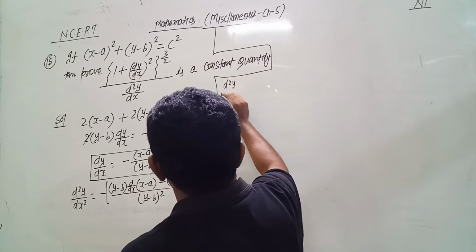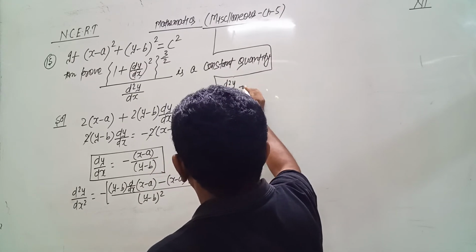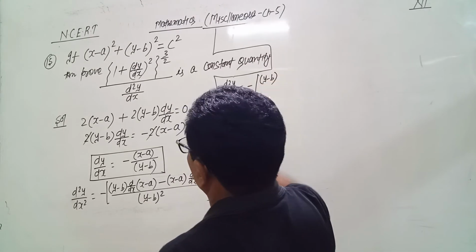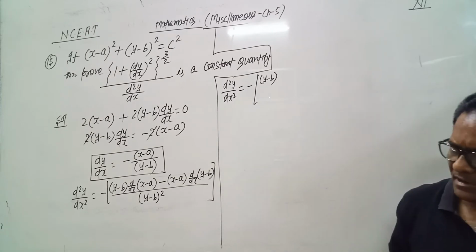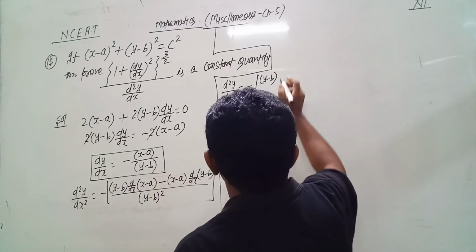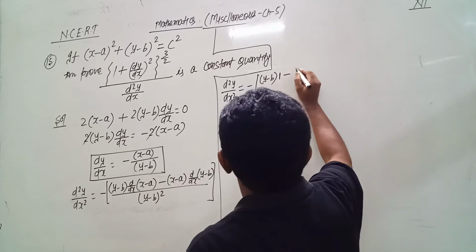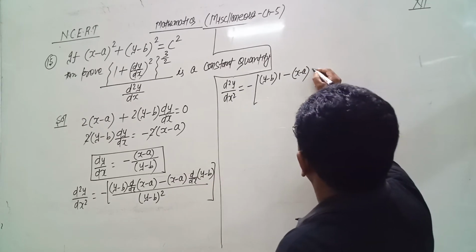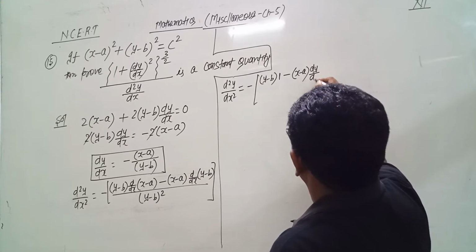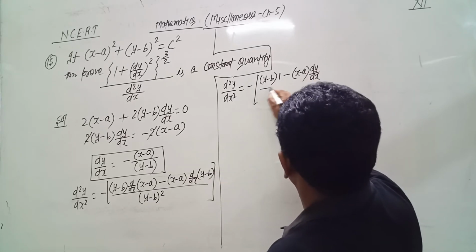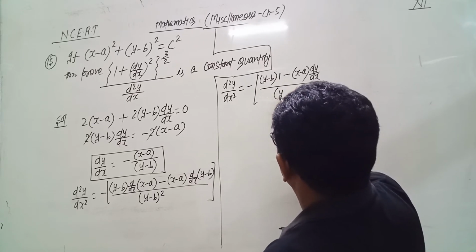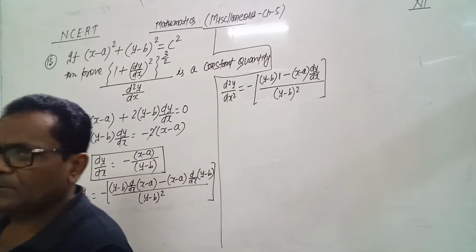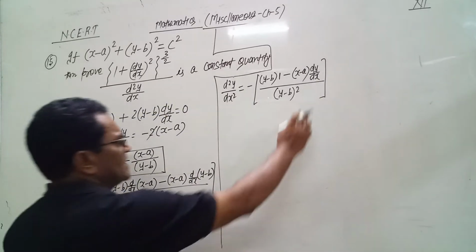So d2y by dx square equals minus [(y minus b), and differentiation of x is 1 and differentiation of a is 0, minus (x minus a), differentiation of y is dy by dx and differentiation of b is 0], and upon (y minus b) the whole square. Now we put the value of dy by dx.